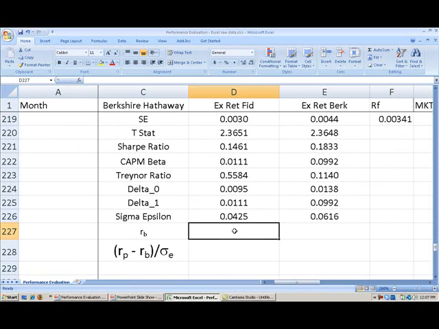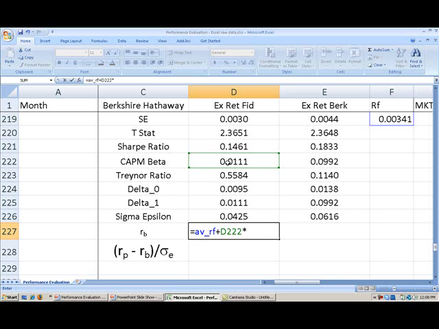We can now calculate our benchmark returns. The benchmark returns will be equal to the risk-free rate, so the average risk-free rate during this period, plus we need the beta for Fidelity, which we know is equal to 0.0111. We've got that here.